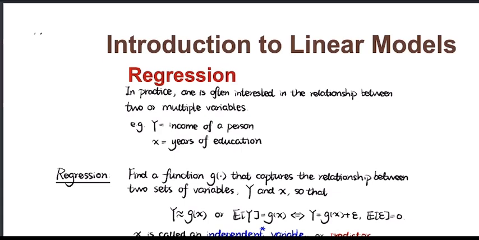But in some situations, and I'm going to say in most situations, the expectation of the response variable is going to be a function of another set of variables. I'm going to say that again. The expectation of a random variable is going to be a function of another set of variables.